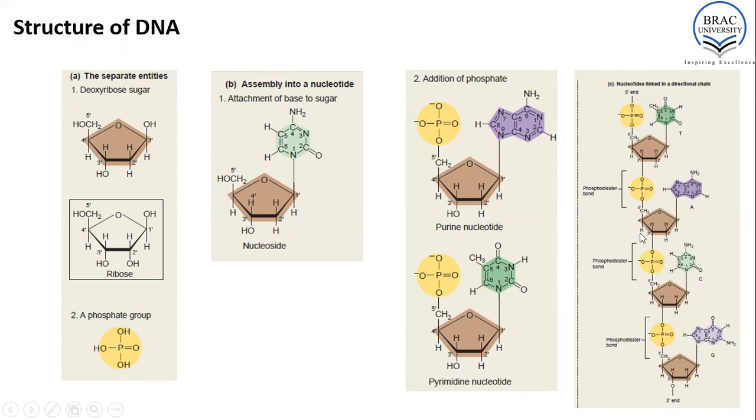Phosphodiester bonds always form a covalent link between the 3' carbon of one nucleotide and the 5' carbon of the following nucleotide.